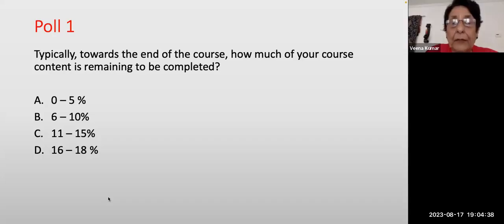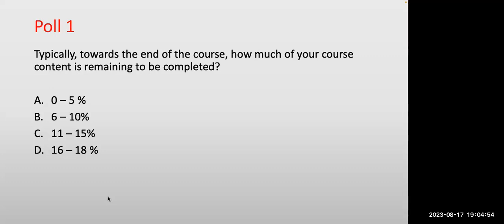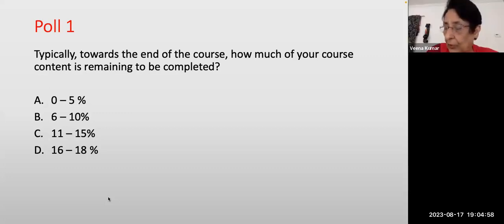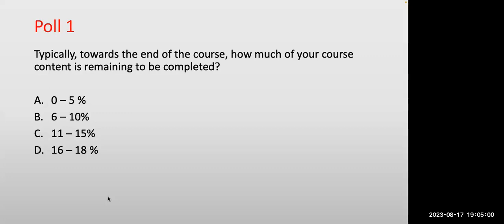40% of the people who have about 5%, that's really very easy to manage. Then 6 to 10% is 35. 11 to 15% is about 18%. Okay, wonderful. Only few people, I think maybe depending on specific courses, you have more than 60% of the course left, which is a bit serious.